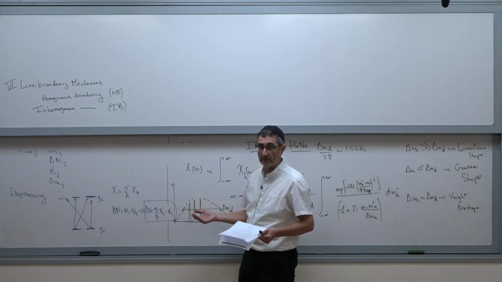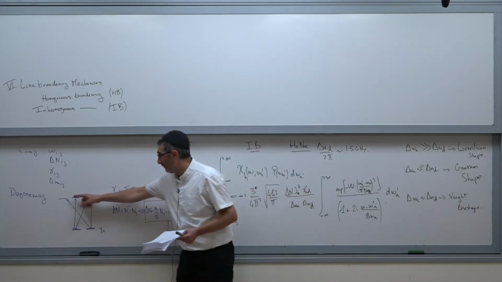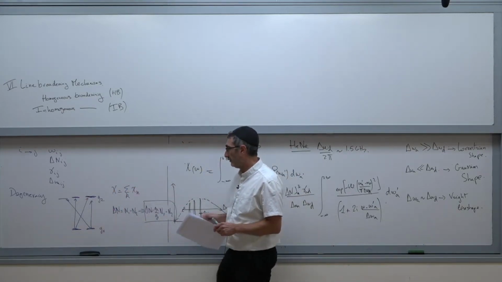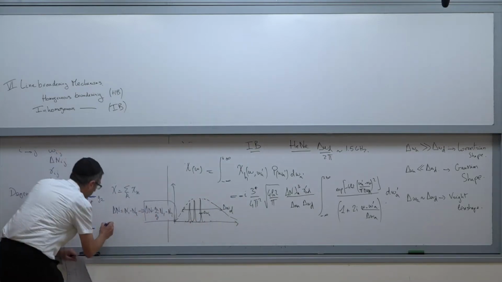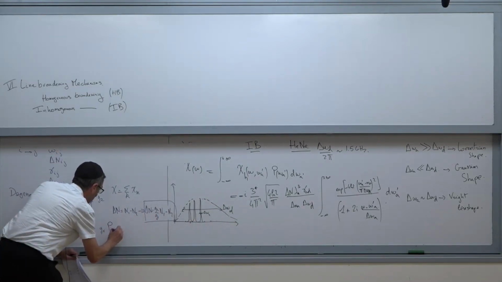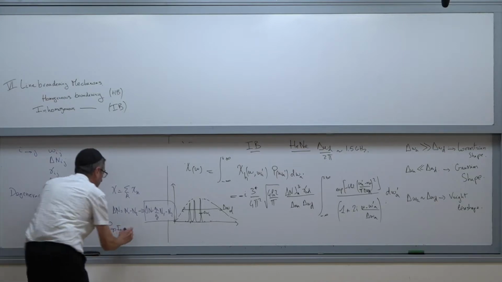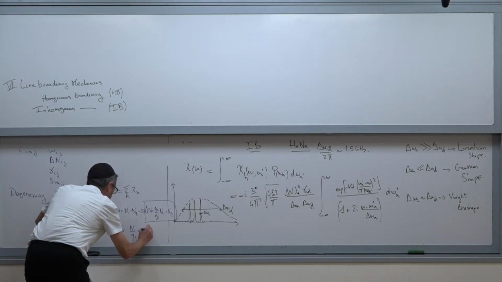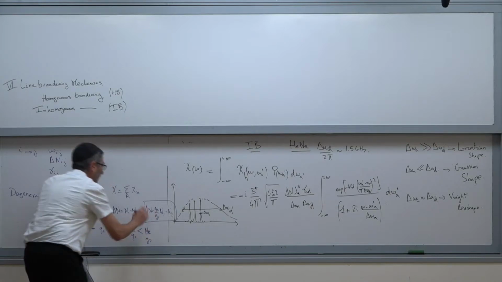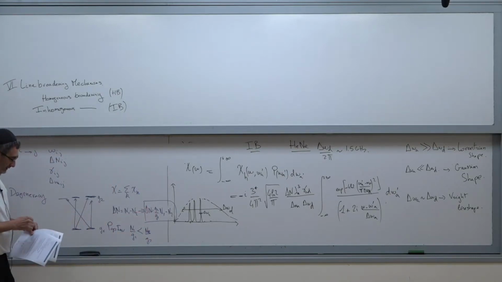And it makes sense. You have to consider the fact that you have multi-states at level 2 and multi-states at level 1. So the condition for population inversion is n1 over g1 less than n2 over g2. Now you understand why I write it like that, delta n less than 0.